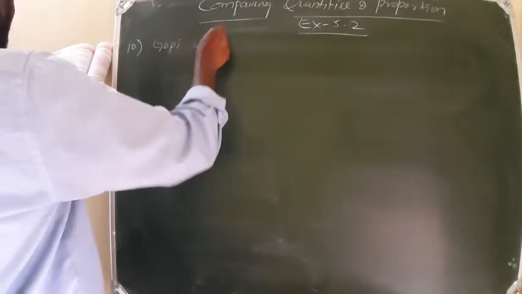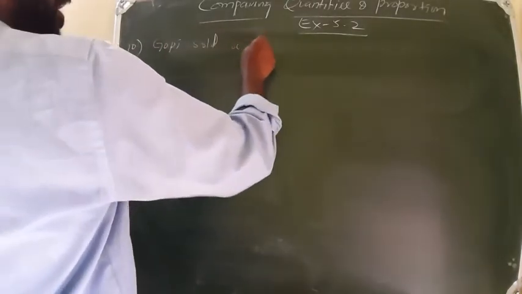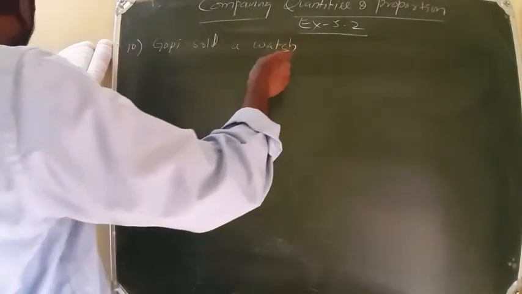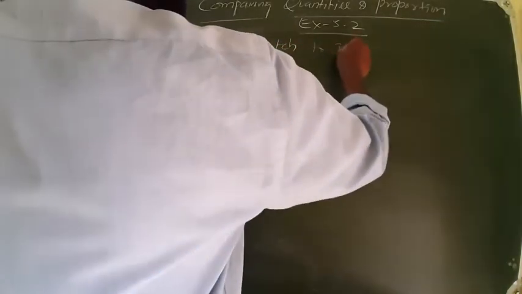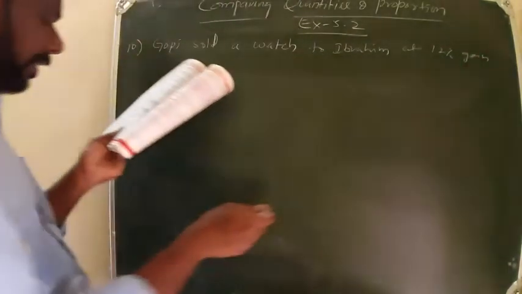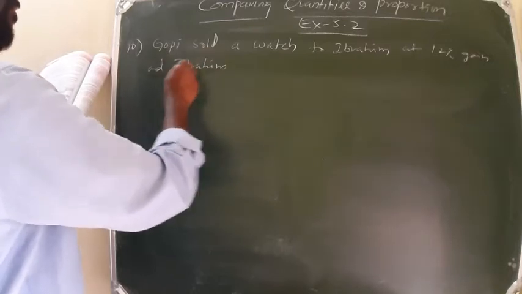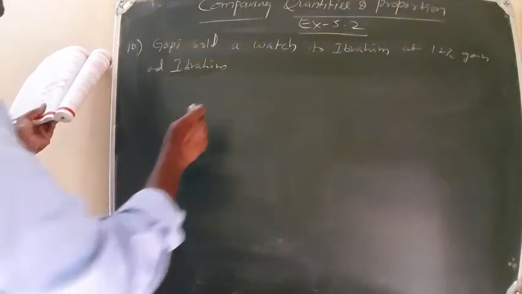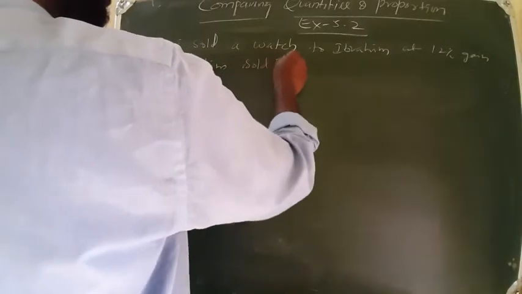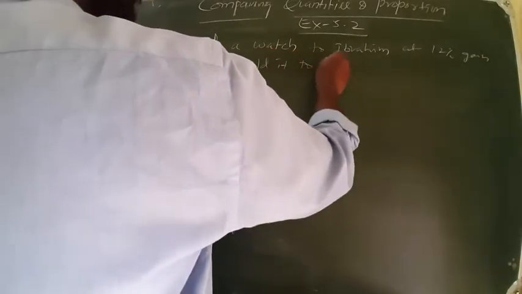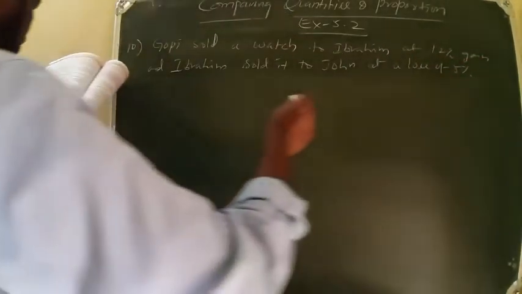Gopi sold a watch to Ibrahim at a 12% gain, and Ibrahim sold it to John at a loss of 5%.